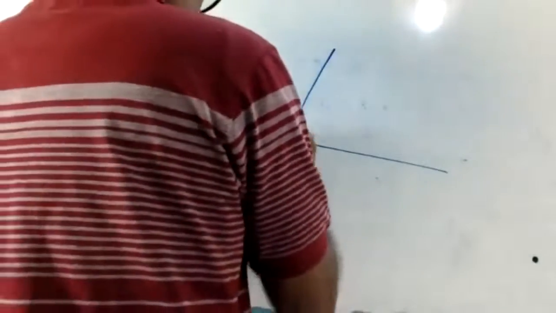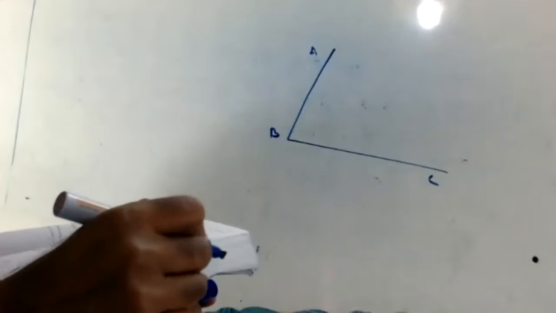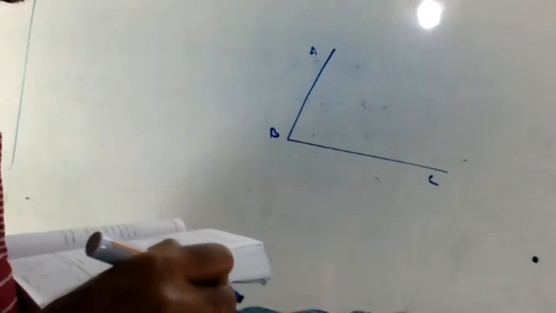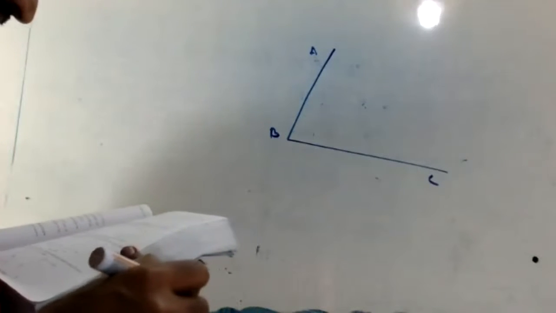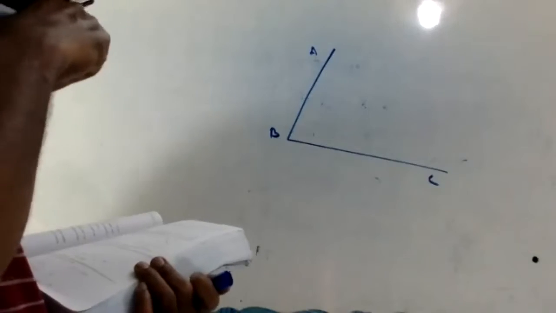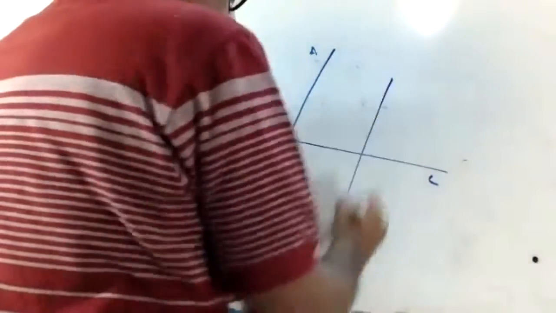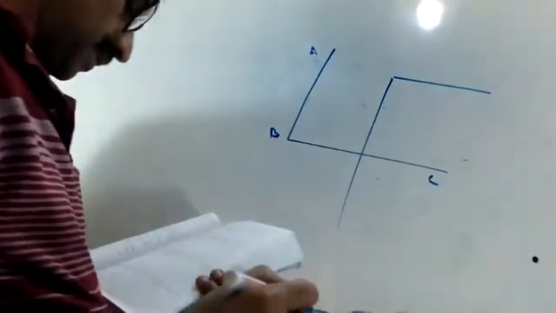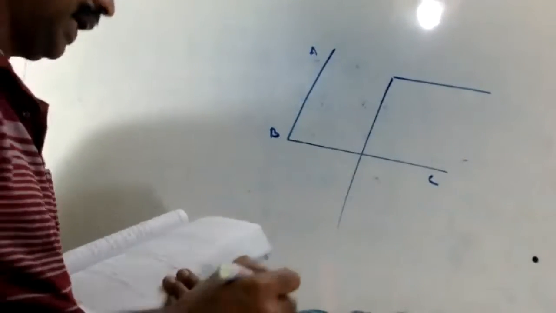In figure, BA and BC of angle ABC are respectively parallel to ED and EF.